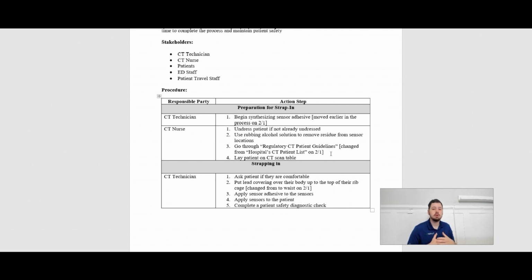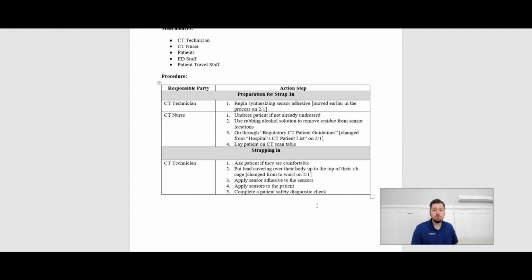So instead of just going through a generic list, we've broken it down to its bare bones and said, let's just look at the regulatory requirements for those patients. And then maybe if we need to add a couple of things to that, we can, but reducing the time that we're doing things that we don't necessarily have to do reduces that throughput time.